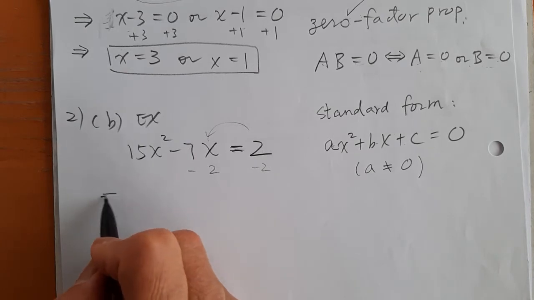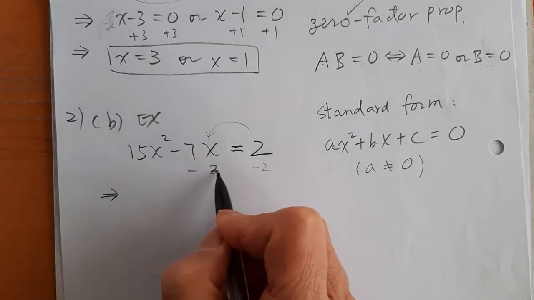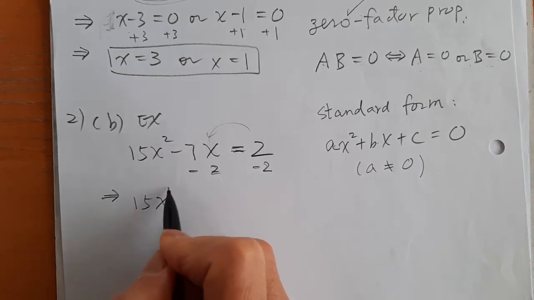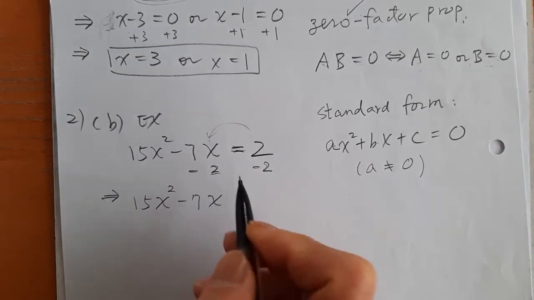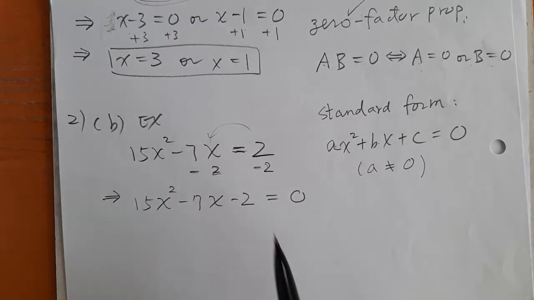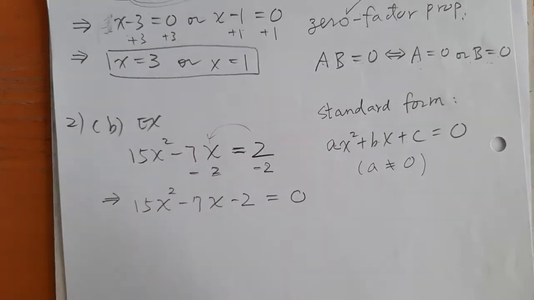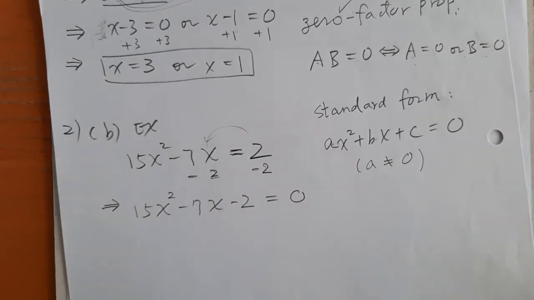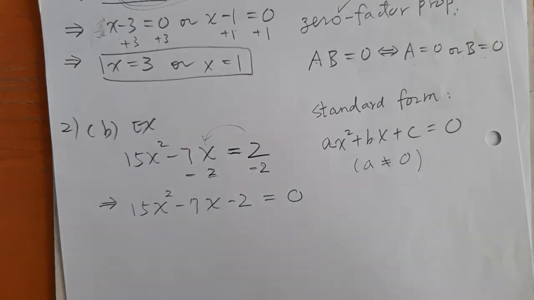So we got 15x squared minus 7x minus 2 equals 0. The quick way is to move 2 over to the left, change the sign to minus 2. Then factor it.